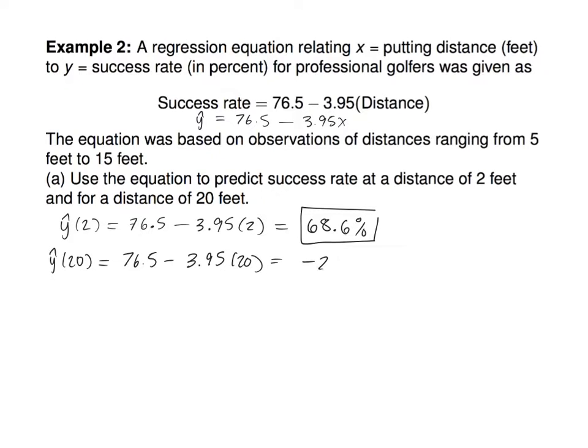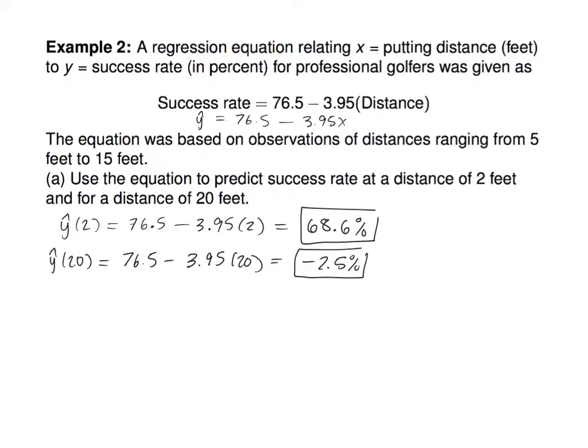Negative 2.5. So when they're 20 feet away, I don't know what this means. Are they not making putts? Are they regressing backwards? You can't have a negative percent, right?